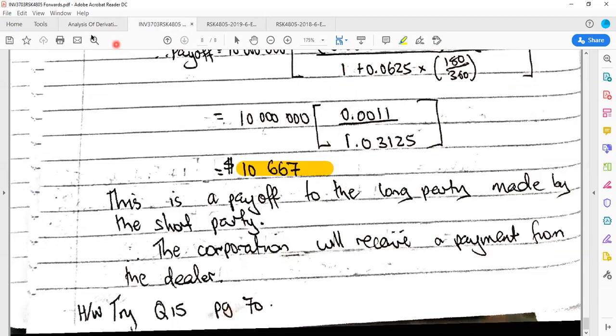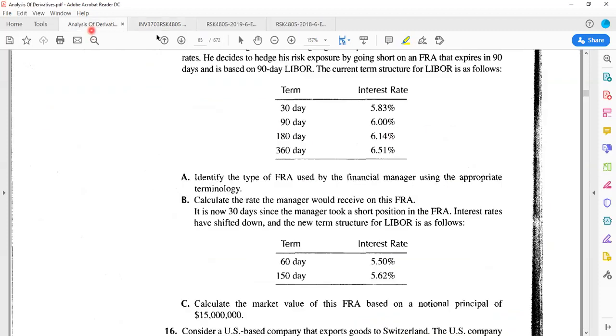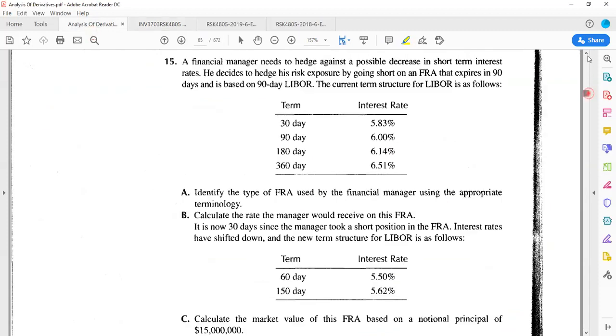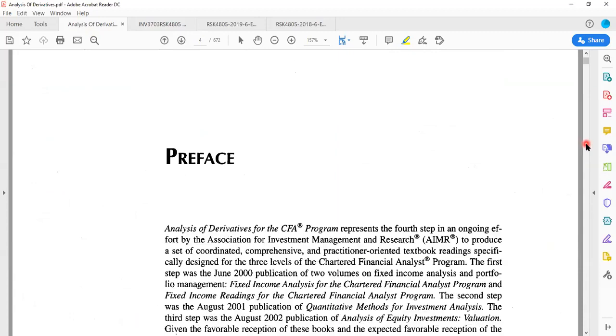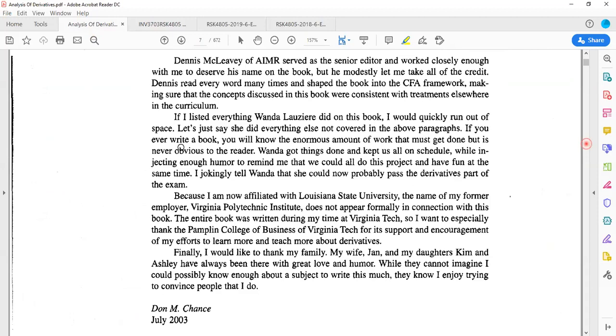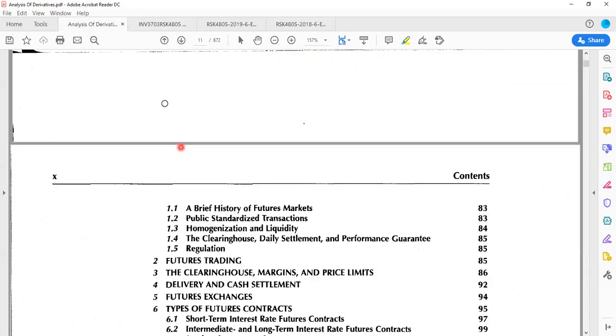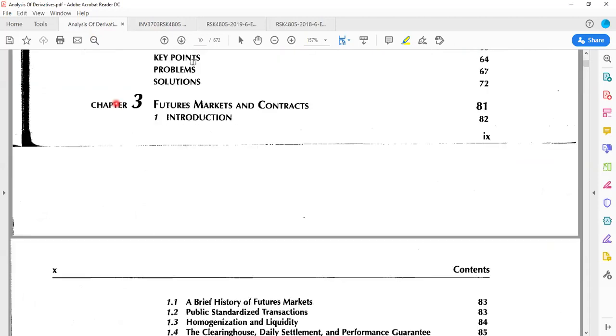So when we meet next time, we'll start looking at the next study unit, which is futures. This will be a bit shorter because a lot of the things we look at in futures are just a repeat of what we were covering. So we'll look at chapter 3, futures.